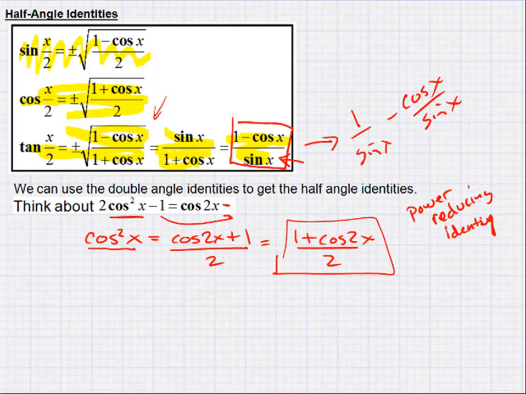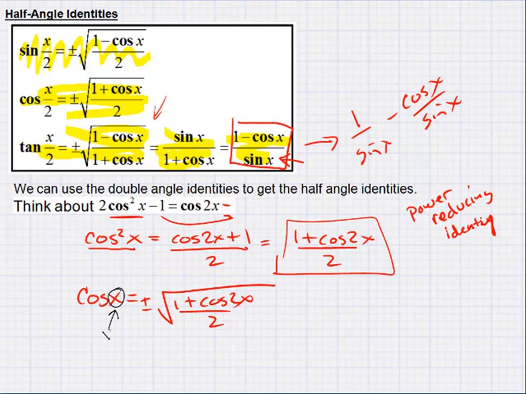But anyway, if I get rid of the square, I have to take the square root, so I get the cosine of x equals the square root of 1 plus cosine 2x over 2. But whenever you do the square root, you've got to do the plus and minus the square root. And then here's where the trick comes in. I'm going to take this x and I'm going to replace it with an x over 2. Well, this x over here is the same x, so that x has to be replaced with an x over 2.